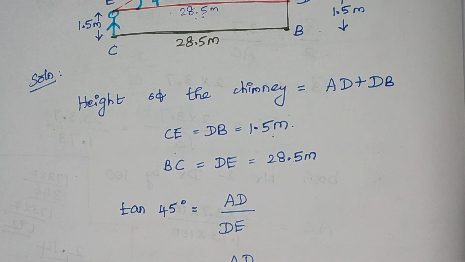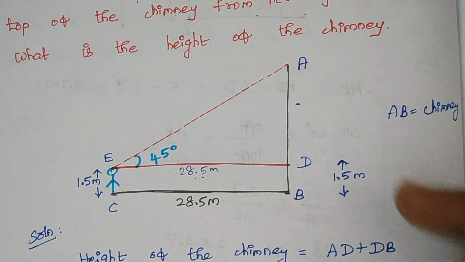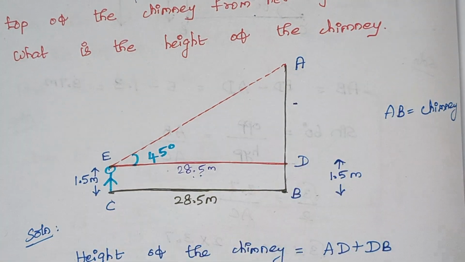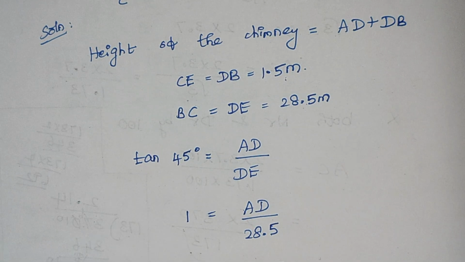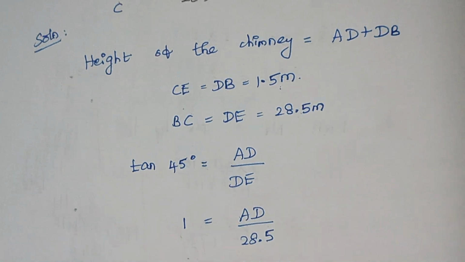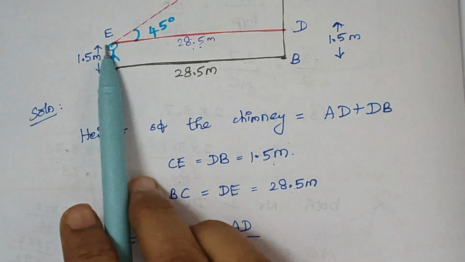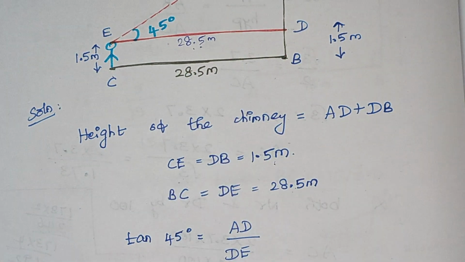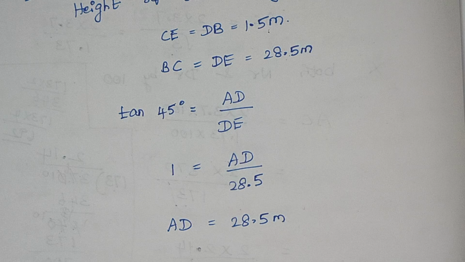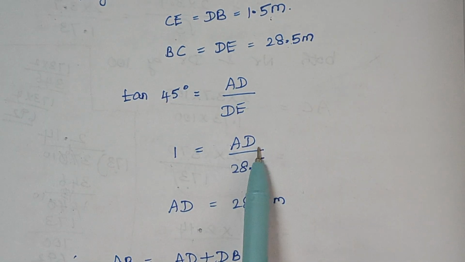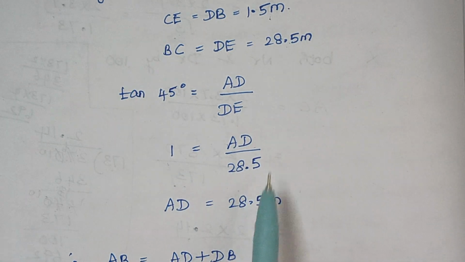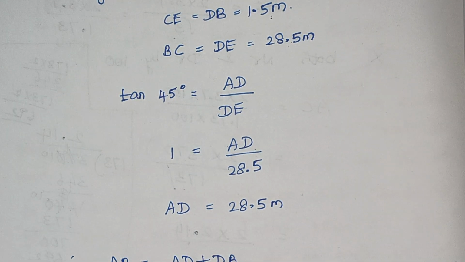Therefore tan 45 degrees is equal to AD by ED, where AD is the opposite and ED is the adjacent. From the diagram, the value of DE is 28.5. Substituting, and the value of tan 45 is 1. So what is the value of AD? AD is 1 into 28.5, which is 28.5 meters.